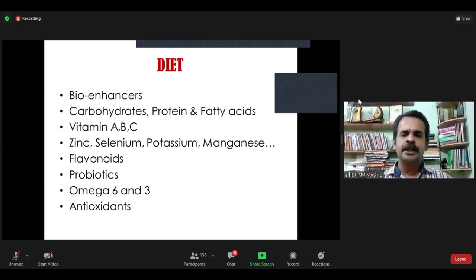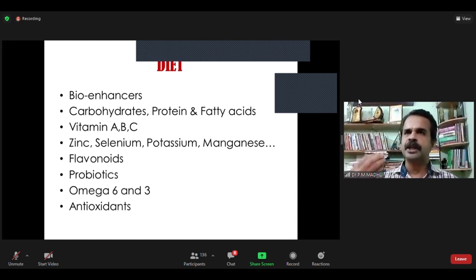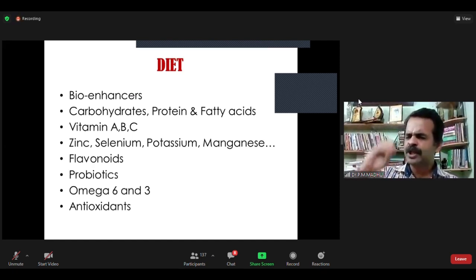You see, diet is very relevant in Ayurveda dermatology. If you are not considering the dietetic factors, the chance of triggering and aggravation is there. So proper bio-enhancers, meaning food items that digest properly and help to digest.